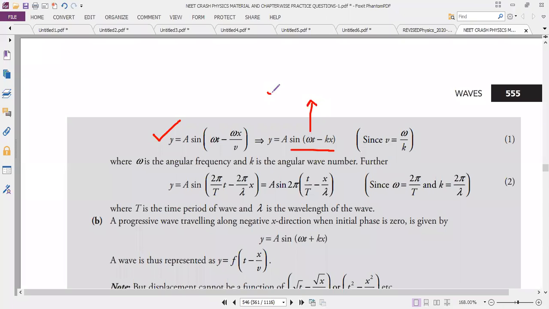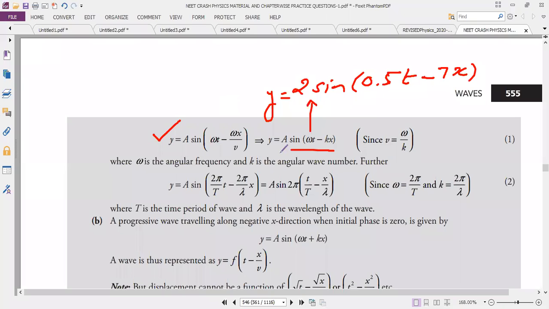For example, y is equal to 2 sin 0.5 t minus 7x.